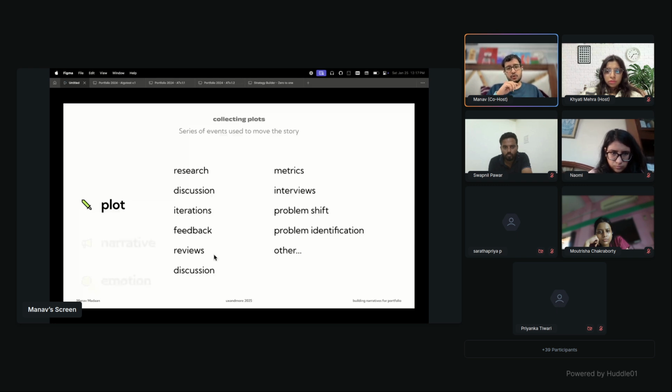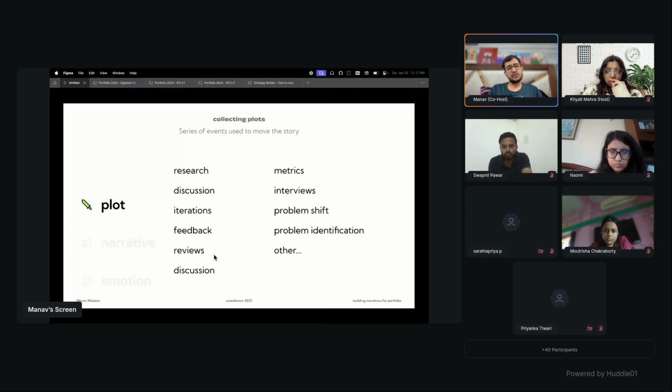So the second thing that you need to do, after identifying what all people were involved in your project, is to identify which of these events took place in your case study, right? And one thing that I want to point out here is you don't have to be disingenuous. मतलब आपने अगर research नहीं करी है, you don't have to force research or reverse engineer a research just to come to a conclusion, right?